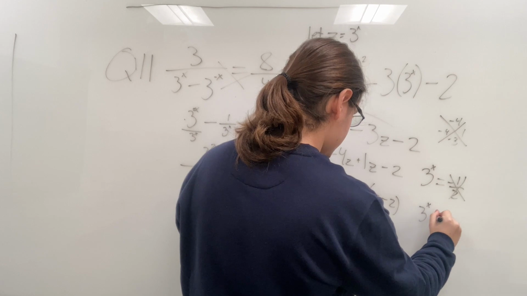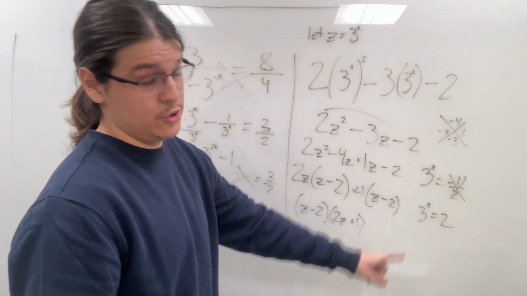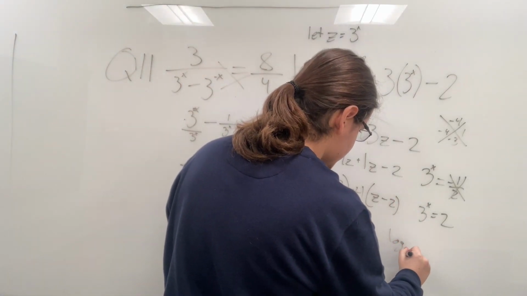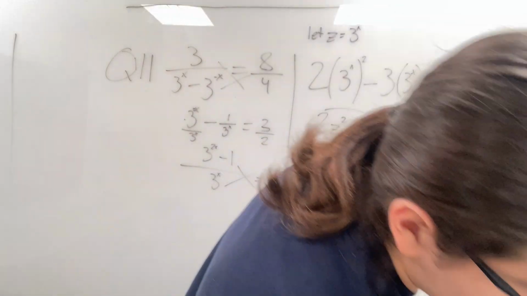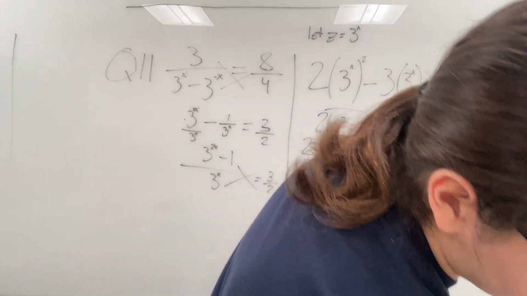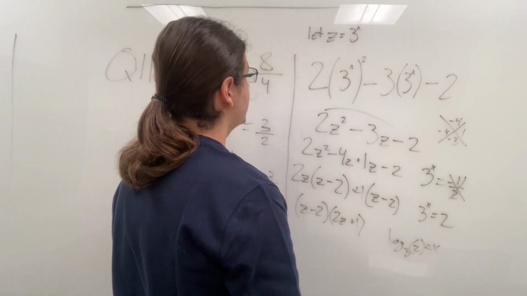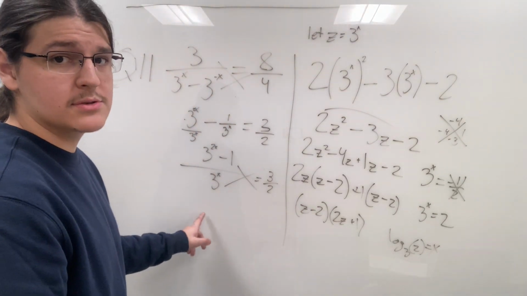3 to the x is equal to 2. Now that we can do. Log base 3 of 2 is equal to x. Now plug that into your calculator, and you will get, where can I write this to make it bombastic? Is there space? I'll put this right here.